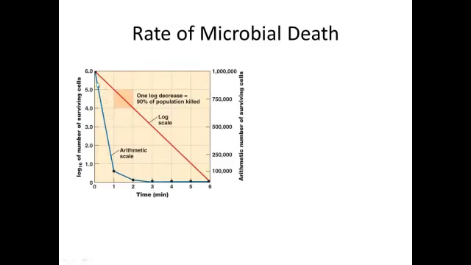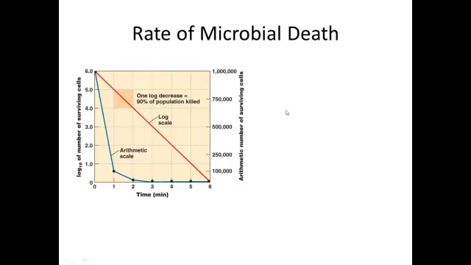So with the arithmetic scale, we can see looks like there's a whole lot here. This is still 90%. Still 90%, looks like we've reached 0. So we generally represent this as a straight logarithmic line. Okay, so once we've killed 90% of the population, that is a 1 log decrease.